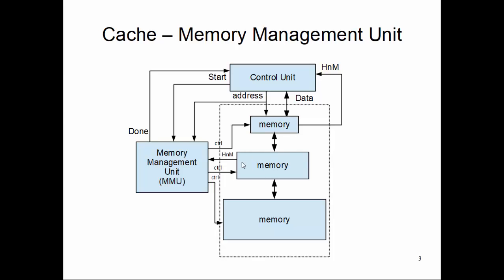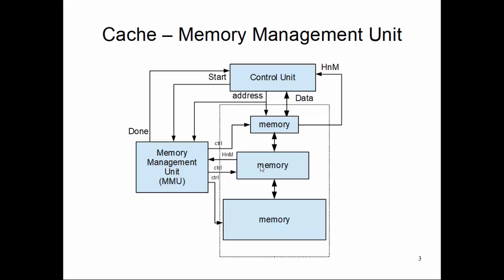But if it is a miss, the hit or miss signal from the L2 goes directly to the memory management unit. It detects that, then initiates the block transfer from the lowest memory, which is RAM in this case, to the L2. Once that block transfer is done, the block is copied from L2 to L1.